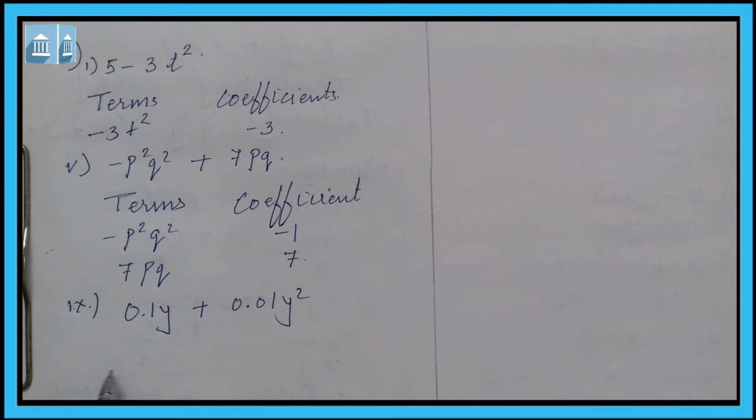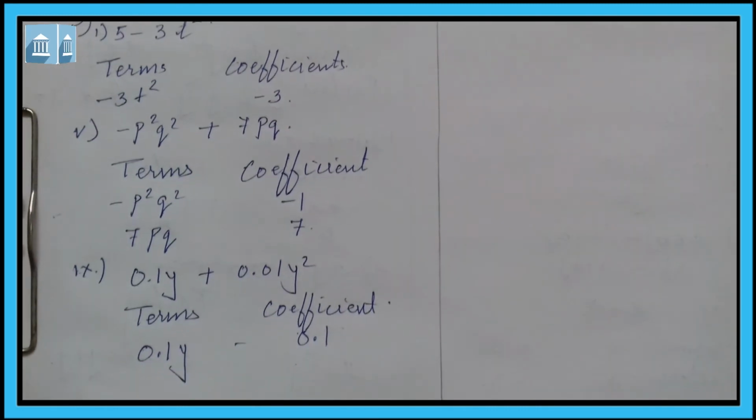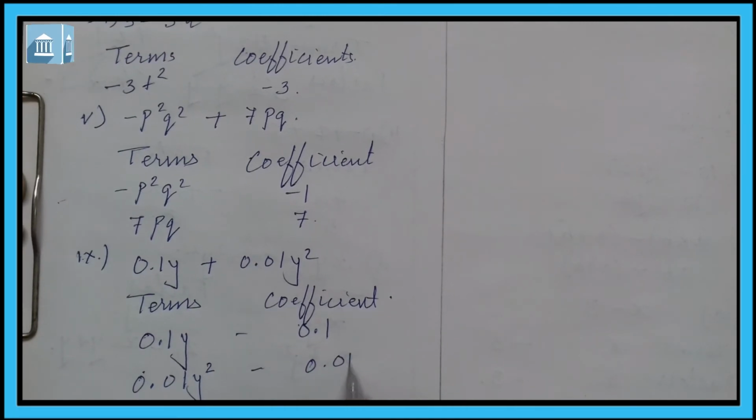So again its terms and coefficients. For terms and coefficients, the first term is 0.1y, so its coefficient will be 0.1, and the second one is 0.01y square, so its coefficient is 0.01. These are the terms and coefficients of different expressions.